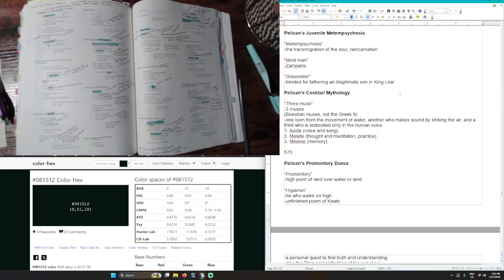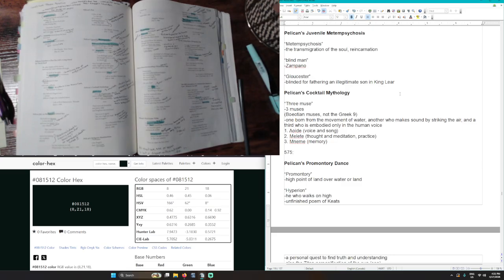I thought that was interesting. And those 3 names are Aoide, which is voice and song, Melete, which is about thought and meditation and practice, and Mneme, which is about memory.